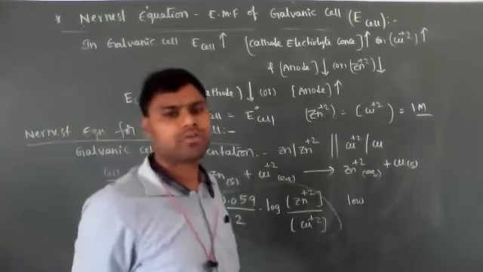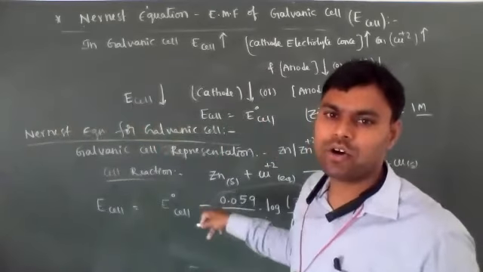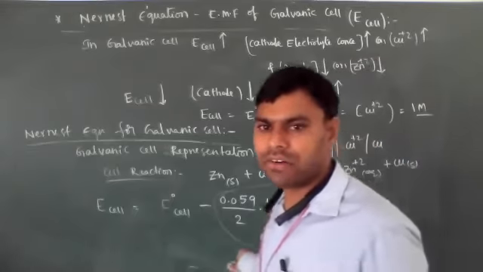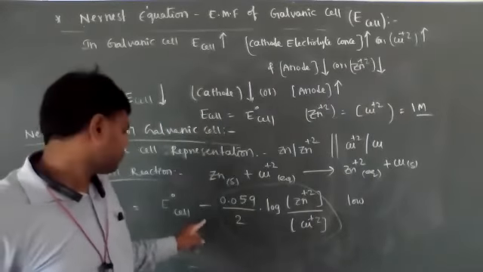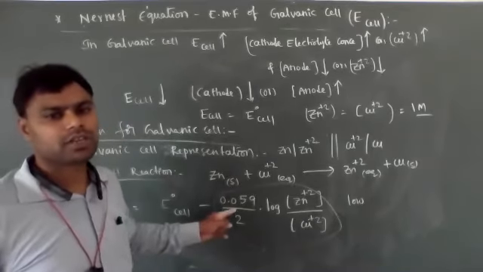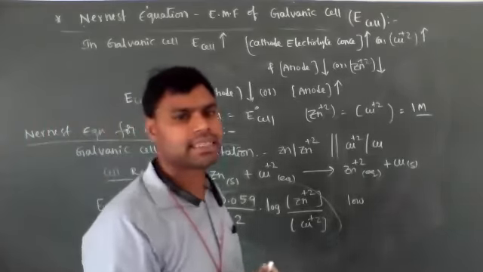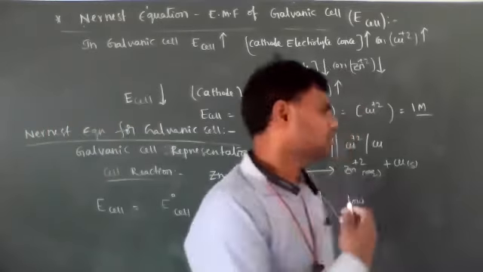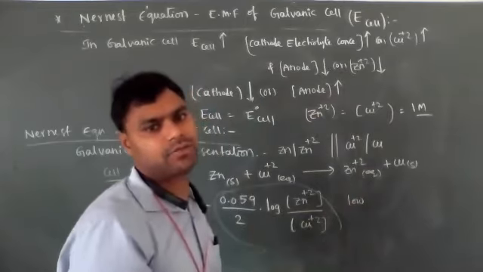The standard electromotive force of the cell is equal to oxidation potential of anode plus reduction potential of cathode, or reduction potential of cathode minus reduction potential of anode. Means right hand side reduction potential minus left hand side reduction potential.